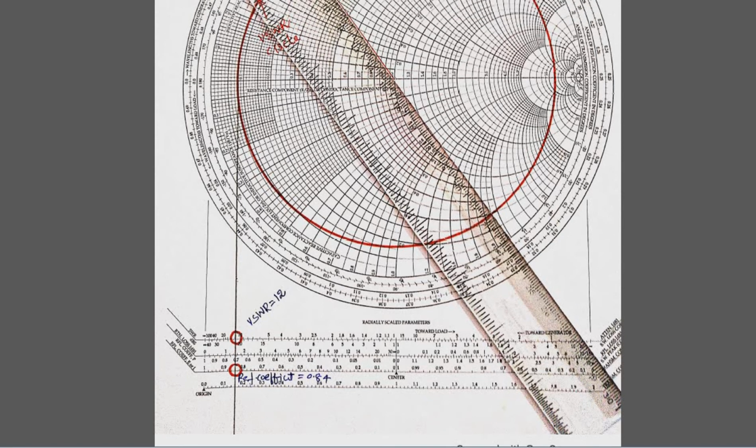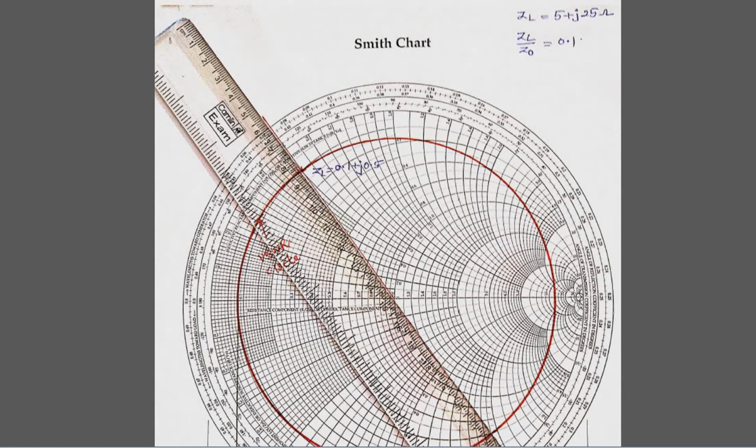After that we are going to make a straight line from the origin, passing through ZL and crossing these two scales. What are the two? This one is the wavelength towards generator. The second is the wavelength towards load, and another one is the angle of reflection coefficient.